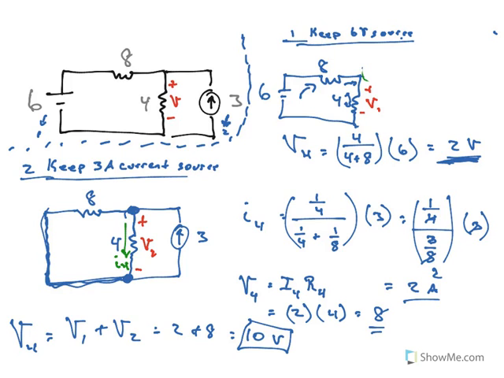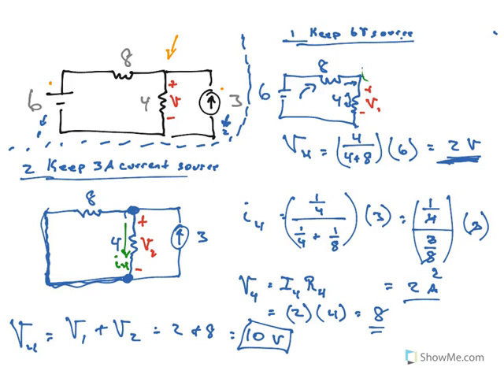I start with a complicated circuit that has multiple sources in it. I'm then going to rewrite or redraw new circuits, each circuit having only one source. So if I have 2 sources in my original, I need to draw 2 different circuits. If I have a circuit with 4 sources, then I'm going to have to draw 4 different circuits, each one with one of those sources individually.